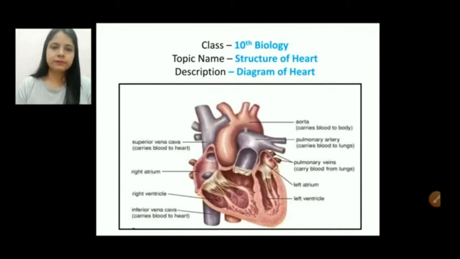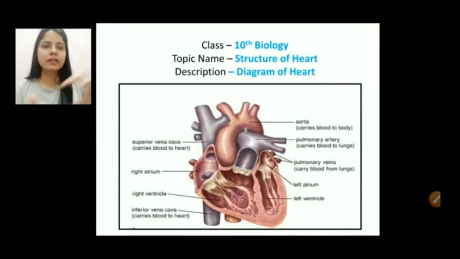The very first, vena cava. What is vena cava? Vena cava carries blood to heart. What kind of blood? It is deoxygenated blood, that means the blood contains CO2.